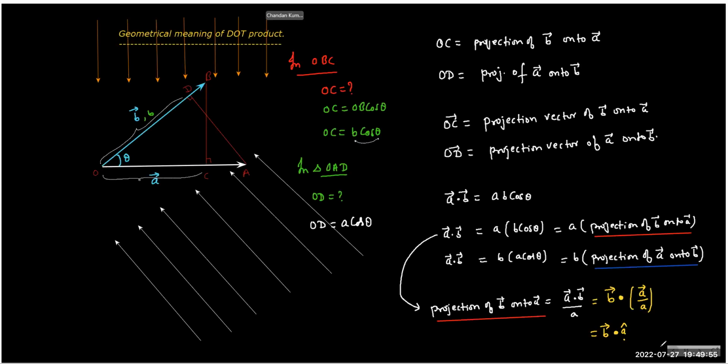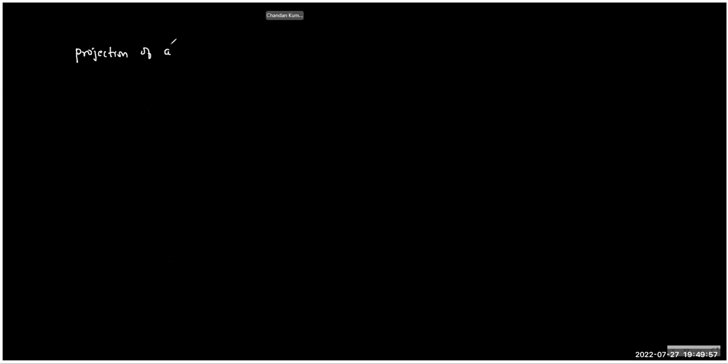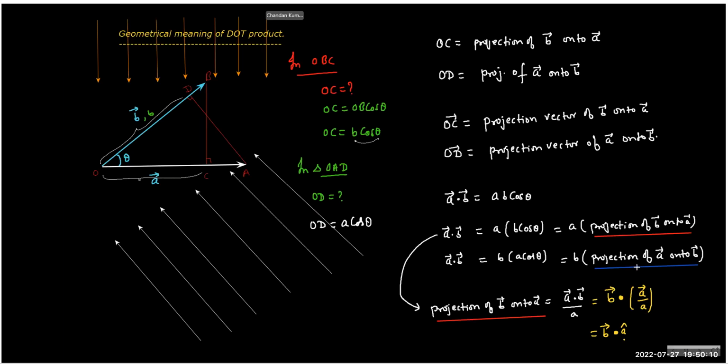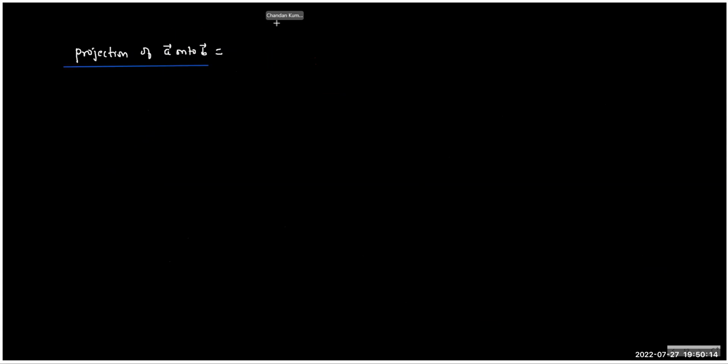projection of what we got? B of A onto B. So by definition, you can see, so projection of A onto B is how much? A dot B by B. A dot, and this is logical.